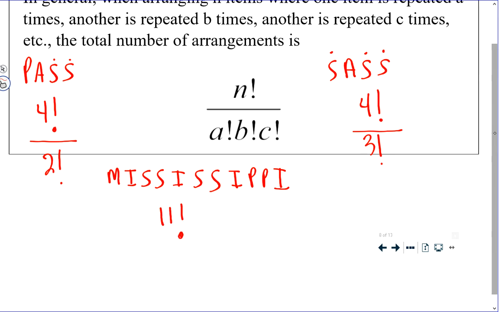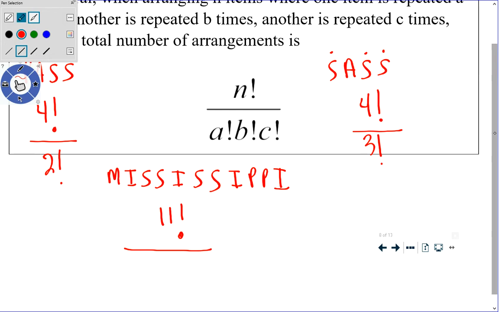Let me count those letters. It is 11 factorial. And then we would have to divide by, well, let's see. I have a number of I's that are repeated. I have an I here, here, here, and here. There are 4 I's. I need to divide by 4 factorial.